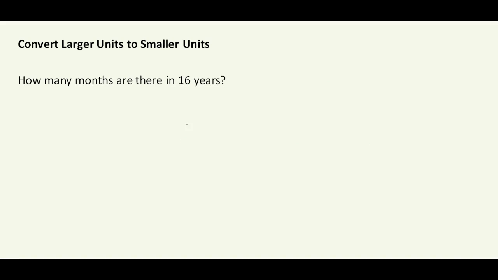How many months are there in 16 years? So 12 months make up 1 year. So we want to find out the month to year ratio. Month to year, we have 12 to 1.